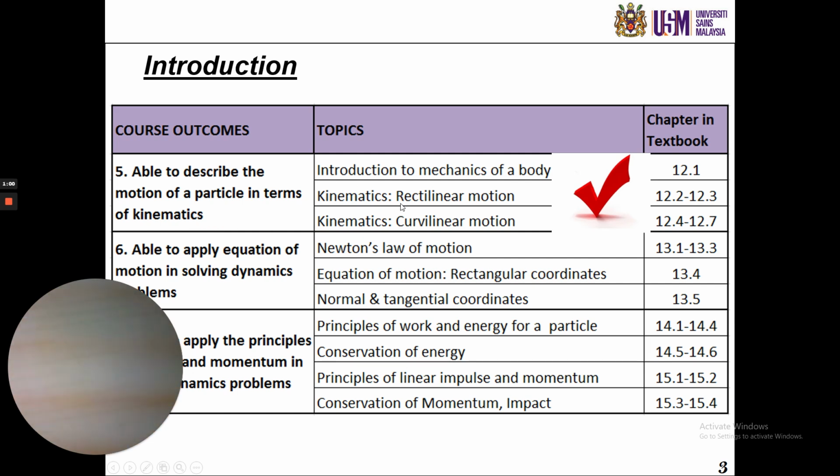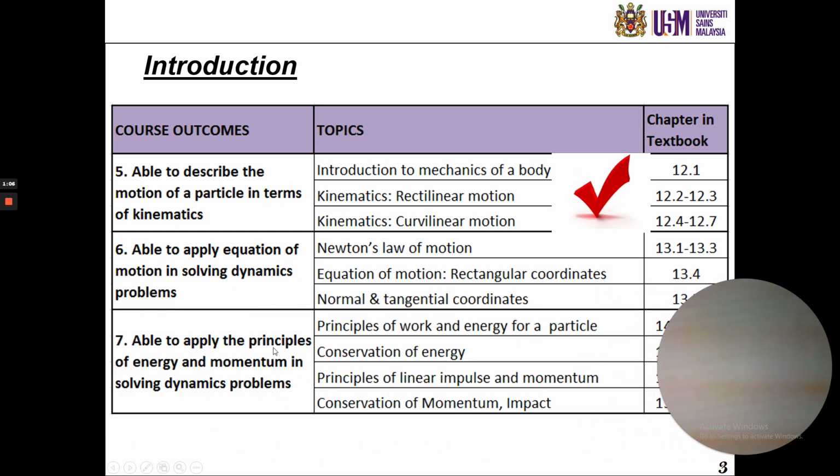We've done rectilinear motion and curvilinear motion, and now we are into Newton's law of motion. We will be dealing with the equation of motion in rectangular and also normal and tangential coordinates.